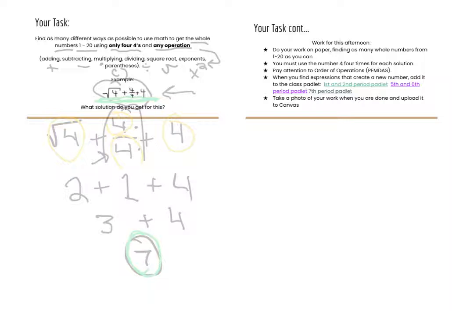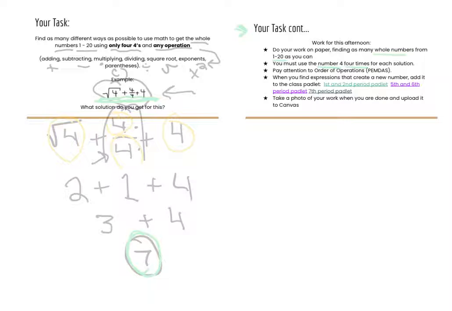And now let's move on over to this portion right here. We want to try to find more expressions, as many as we can, that contain the number 4 used exactly 4 times. And what we're trying to do is find answers that are the whole numbers 1 through 20.